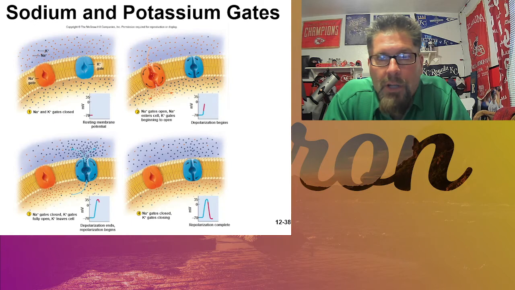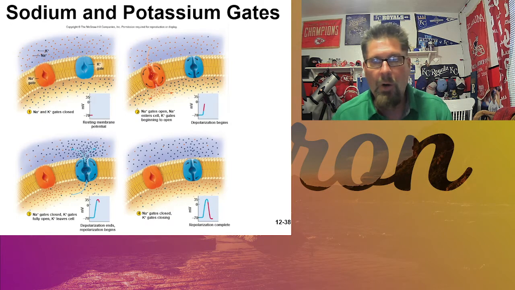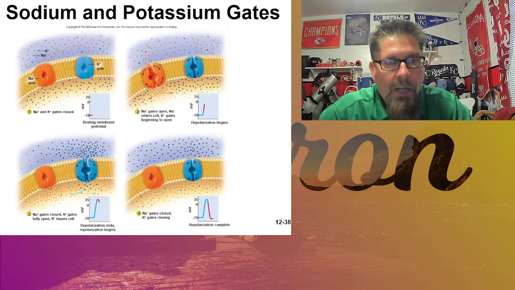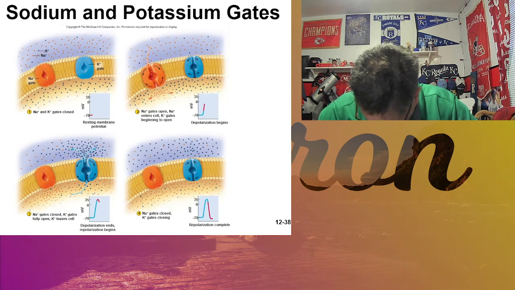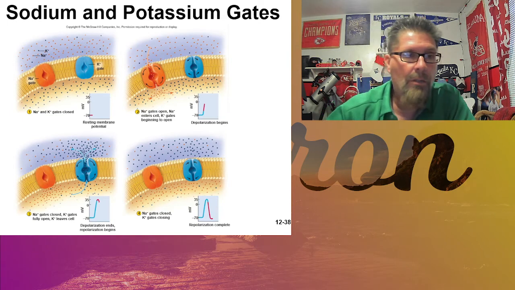Once it gets to positive 35, the potassium gate opens up, sodium closes, and the potassiums go roaring out. Then we begin to decline, and once we reach negative 70, the potassium gate closes, and we're back to our resting potential.